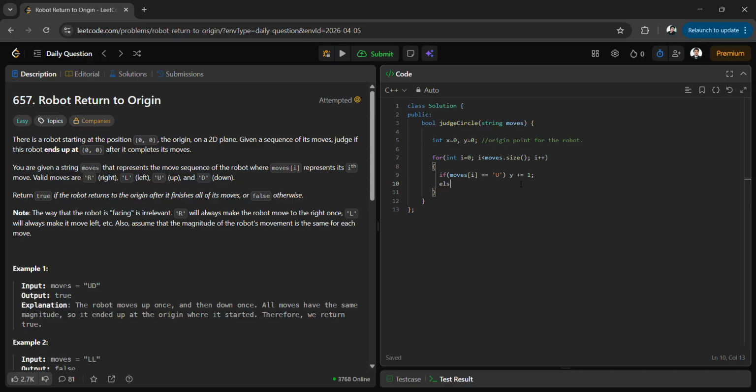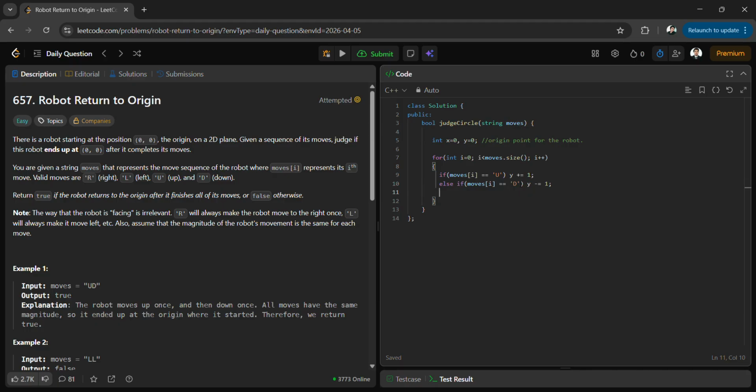Similarly, else if moves of i is equal to D, we again deal with y, but this time I need to come back towards the origin, so y minus equal to 1, decrementing it by 1.